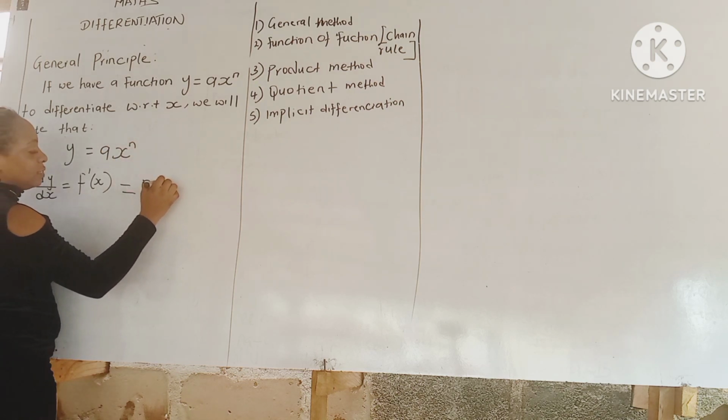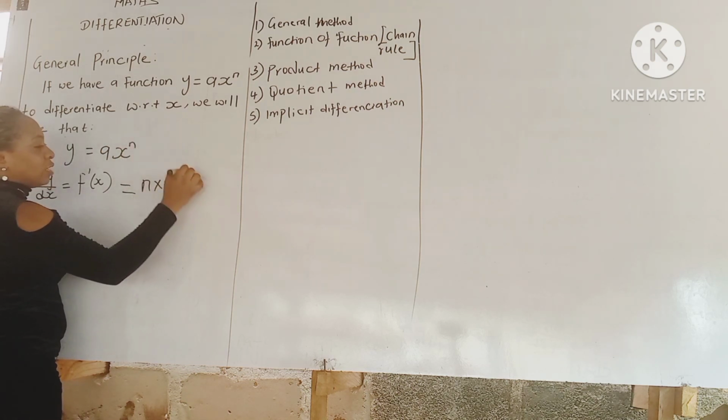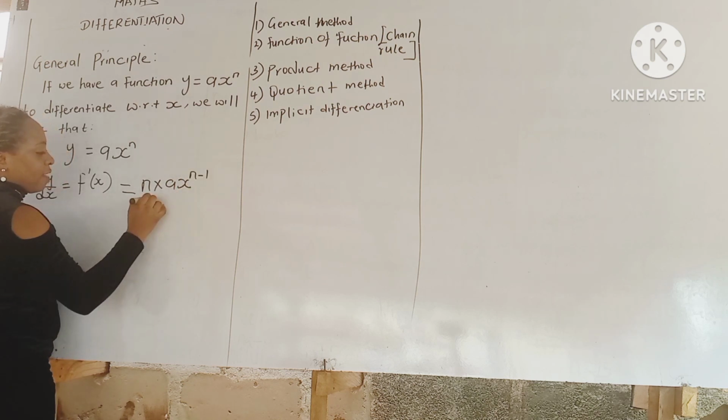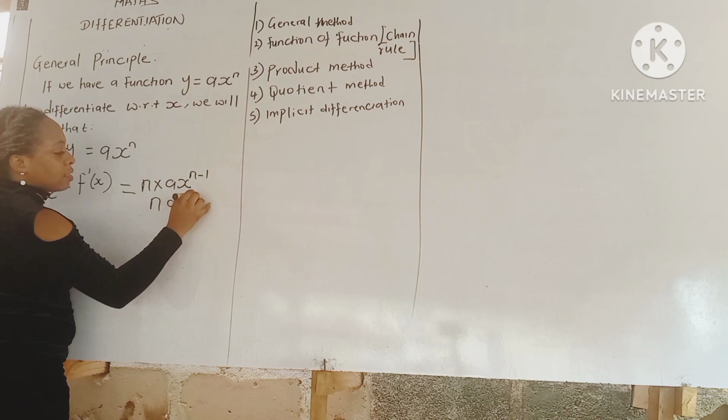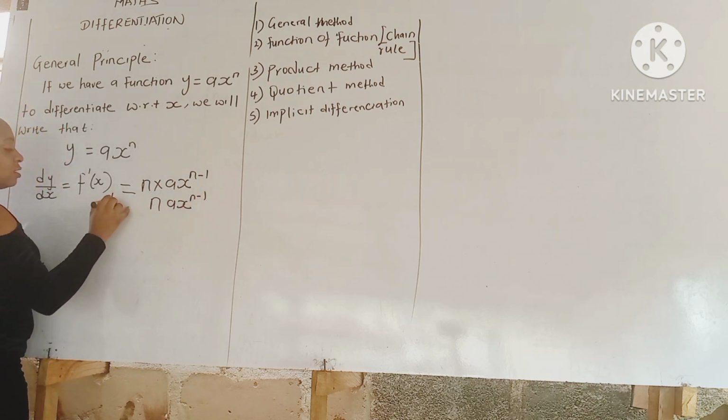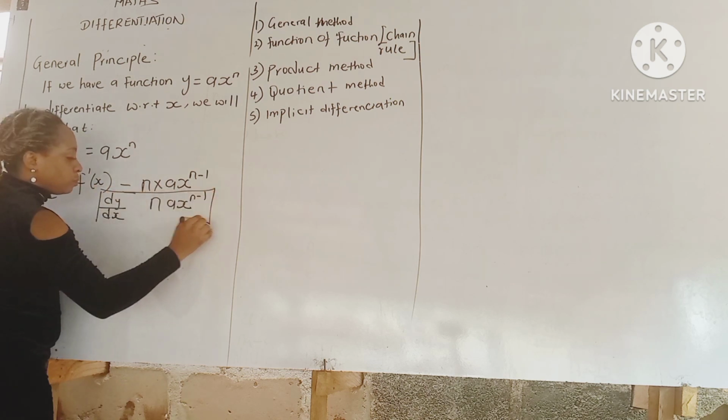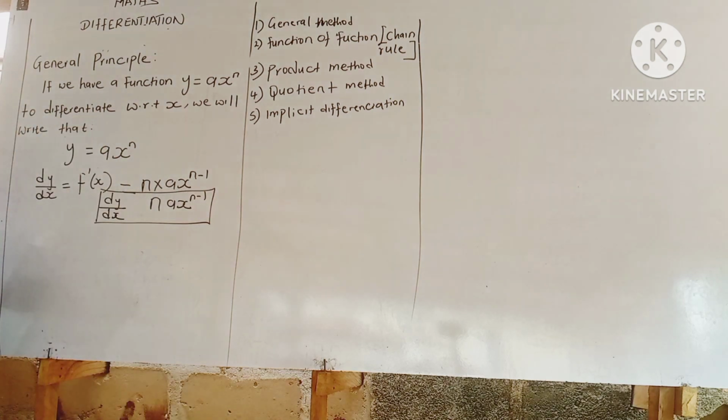That is n times a, x raised to n minus 1. This is the general principle of differentiation, the first method that we are going to do.